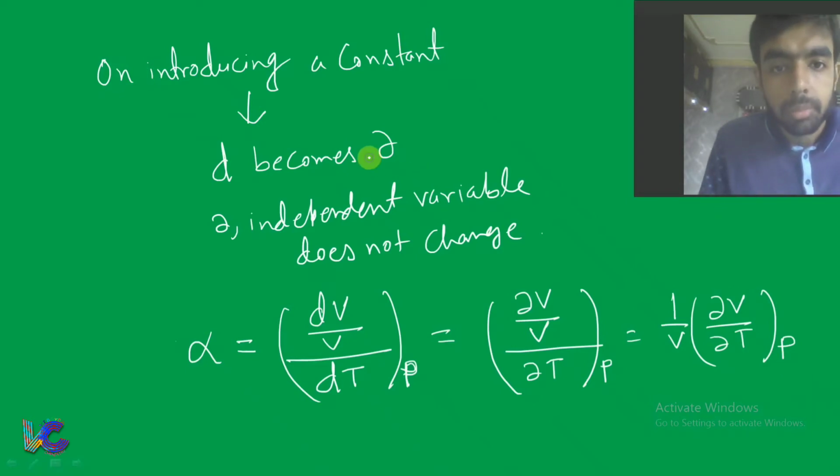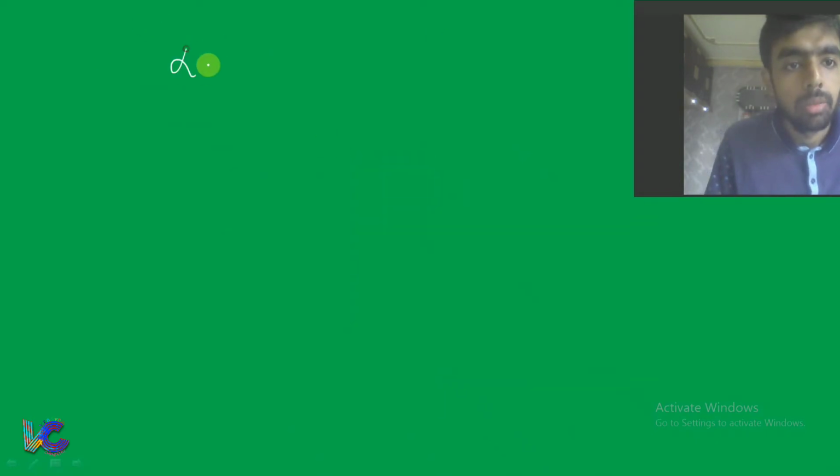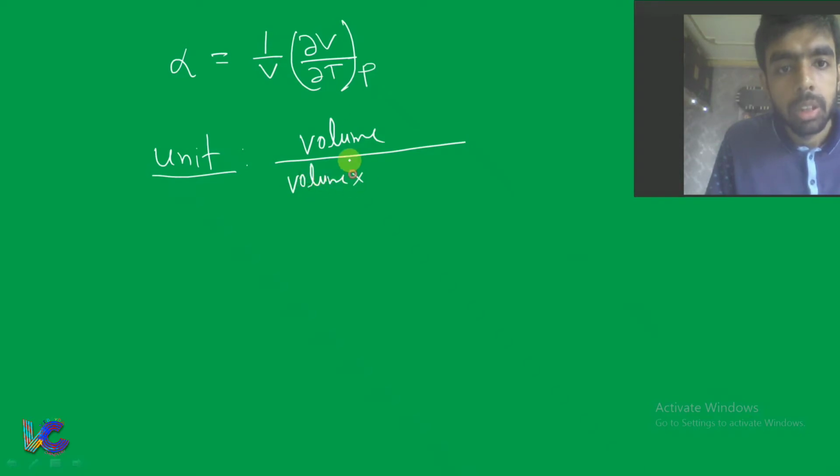Now let's see the unit of alpha. So alpha is 1 by V del V del T at constant P. Fine. So if you see the unit of alpha, you can see that del V means change in volume, so the unit of volume will be there in the numerator, and in the denominator, this is V, that means unit of volume, into change in temperature, that means temperature unit.